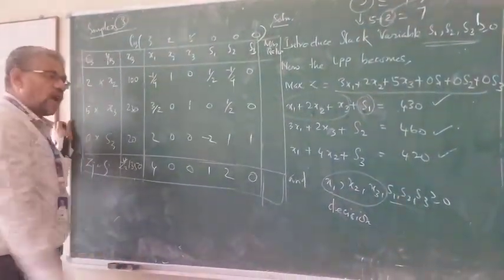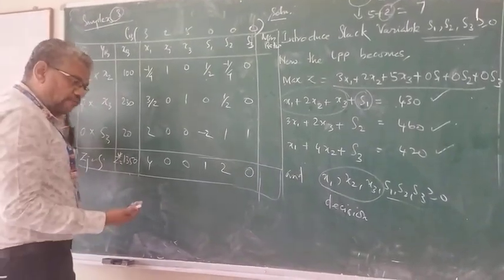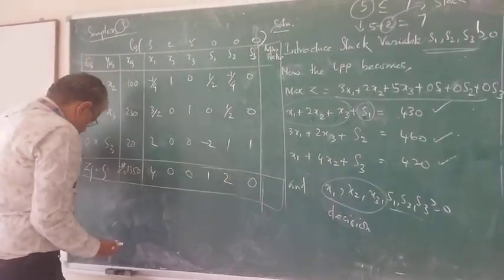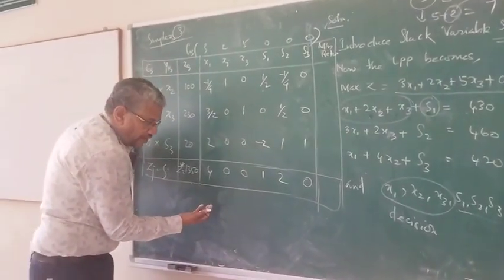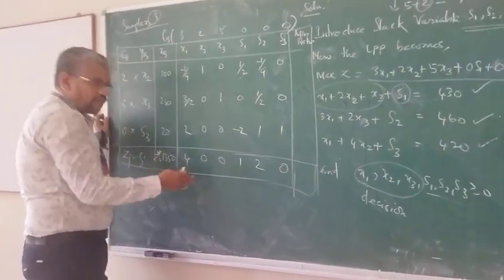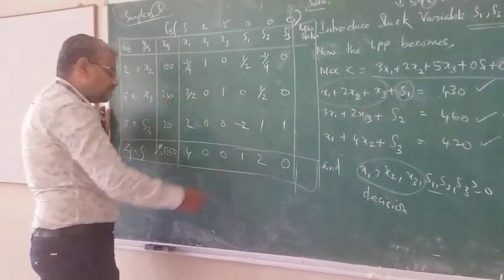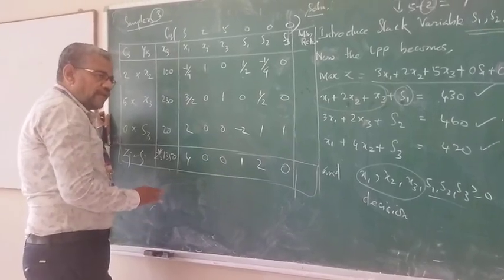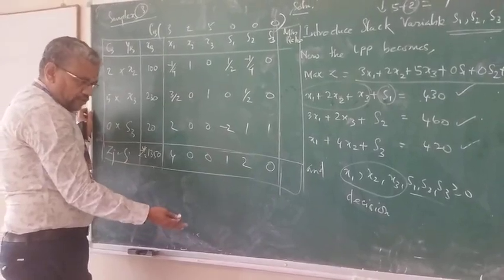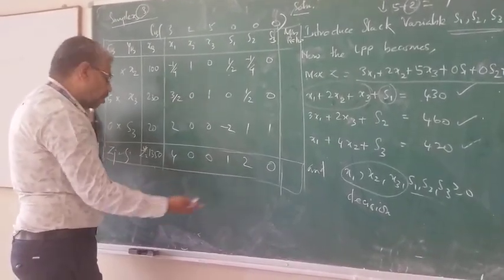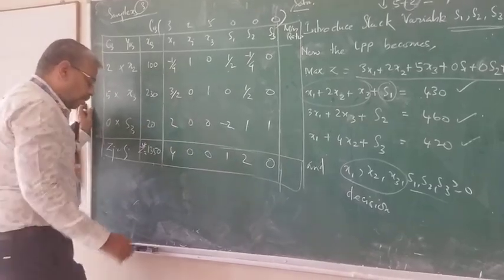Therefore, now I have to find the most negative. Fortunately, we don't get a negative over here. Therefore, we cannot proceed to the next table. Only if you get a negative value will you go to the next table. If you don't get a negative value, obviously you can stop. We get the optimum solution.